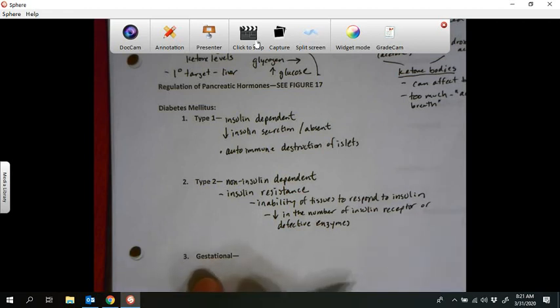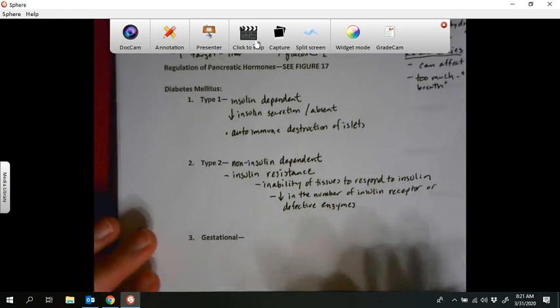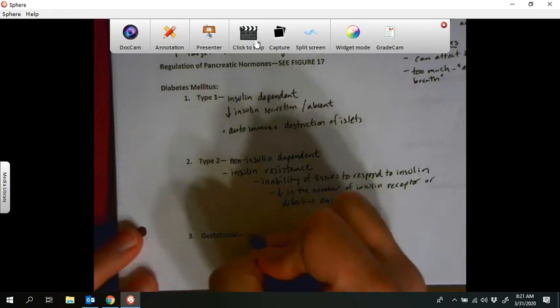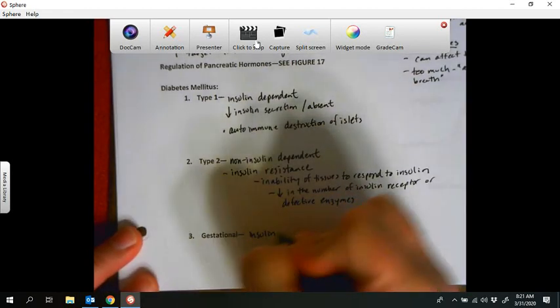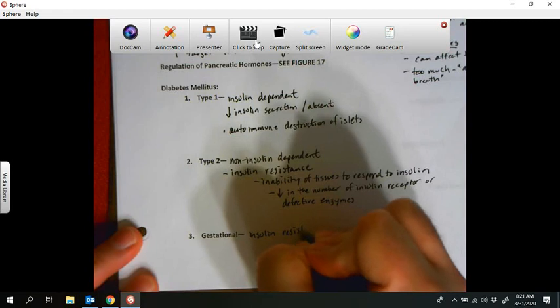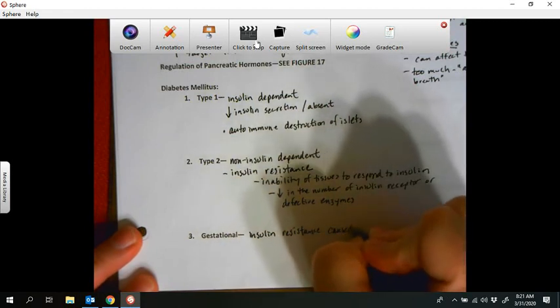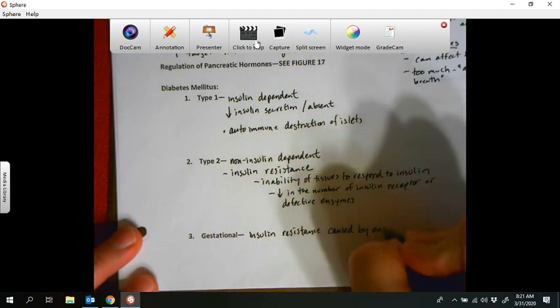The third type is gestational. And this is what happens to women who are pregnant. This is insulin resistance caused by enzymes released by the placenta.